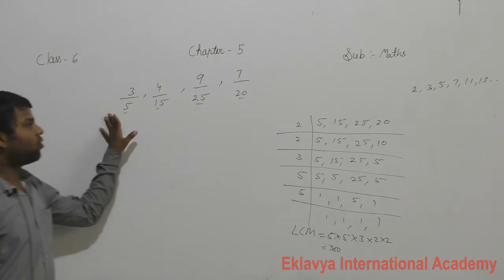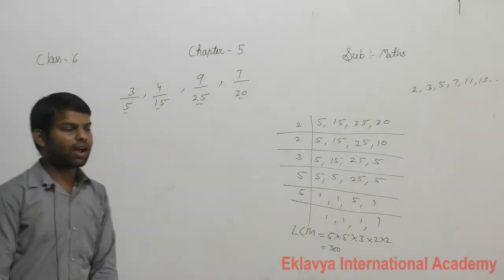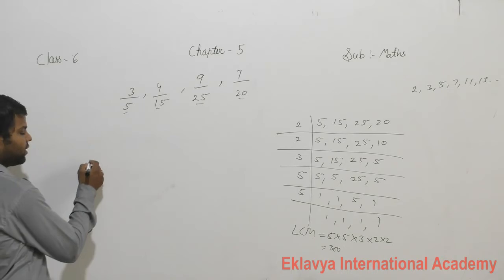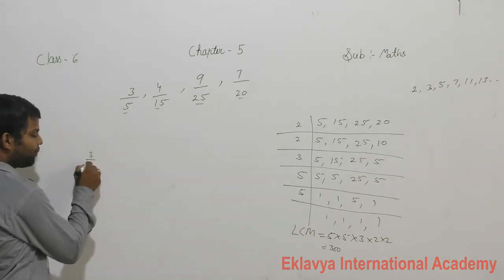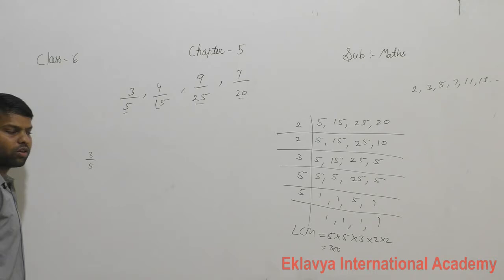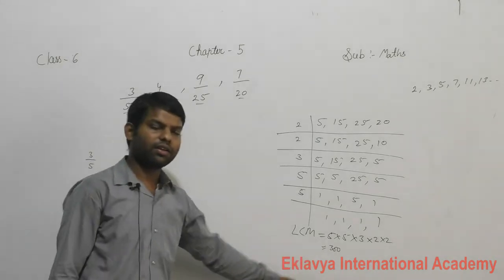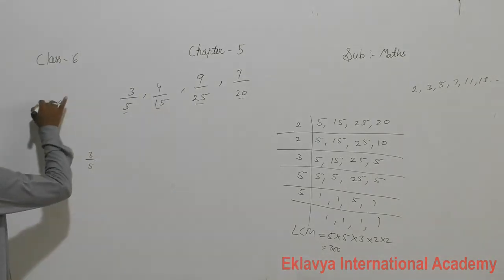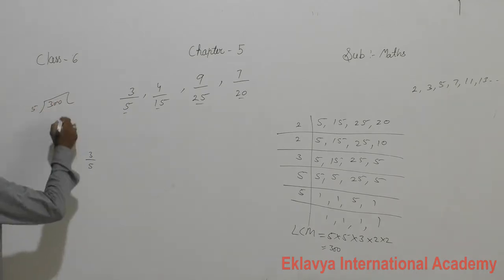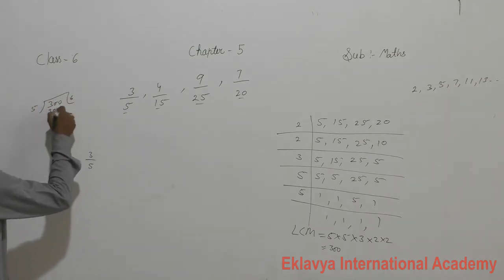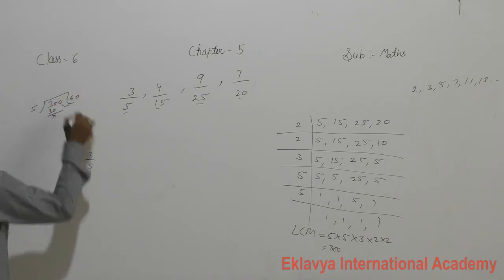Now all of these fractions are converted to denominator 300. How? See here, if we have 3 upon 5, in the denominator we want to convert to 300. So 300 divided by 5, we get 60.